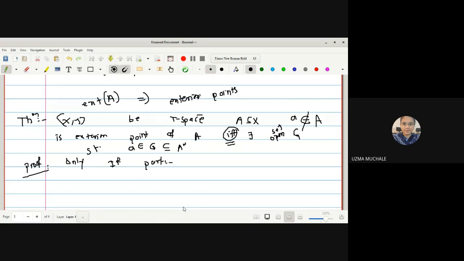Tell me what we have to prove in the only if part. A is an exterior point of A, and we have to prove that A belongs to G, which is contained in A complement.